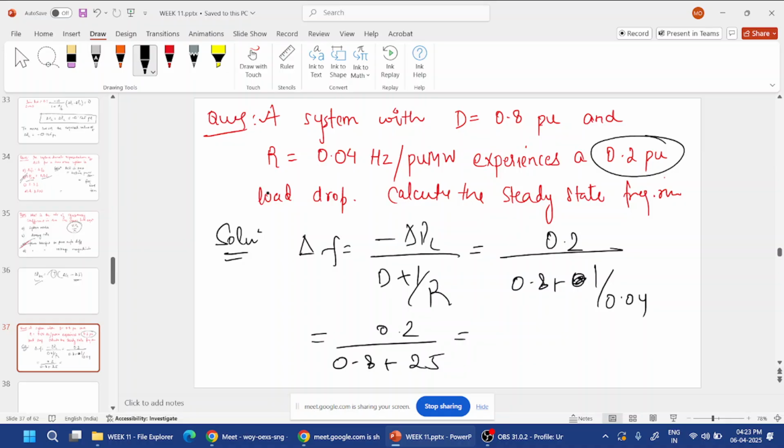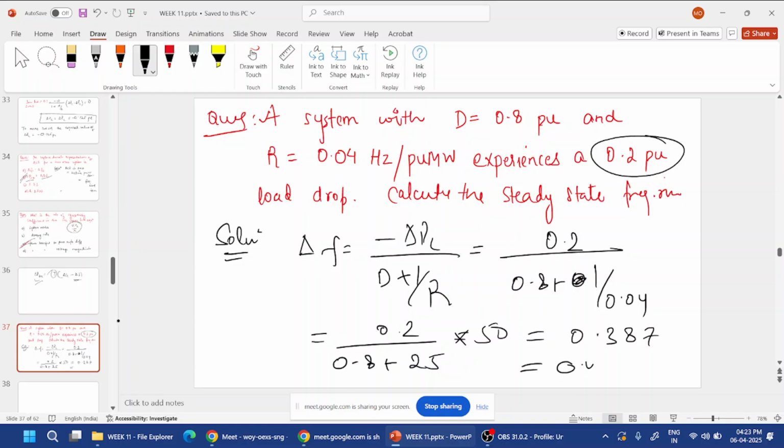Just a second. Okay, yes. If we multiply by 50, its value comes out to be 0.387.